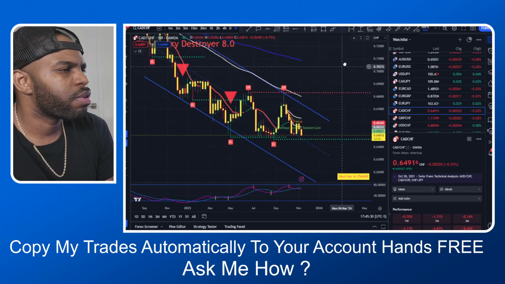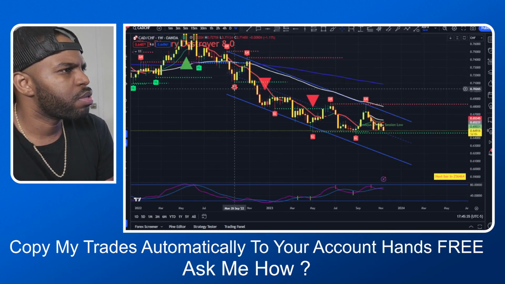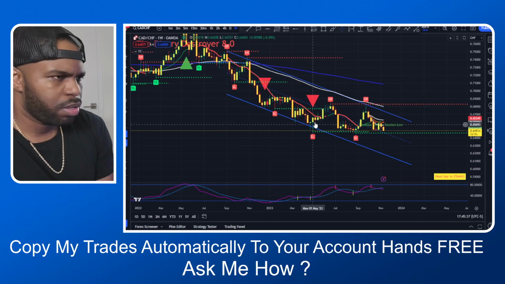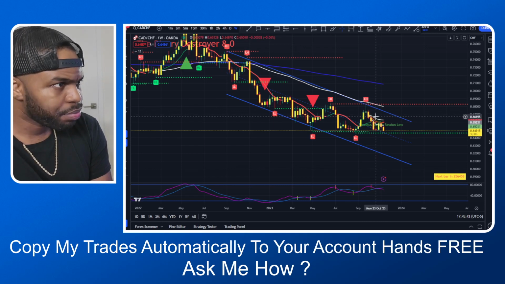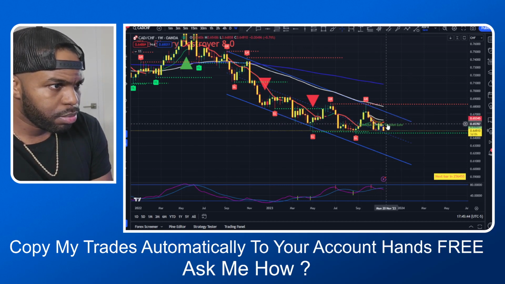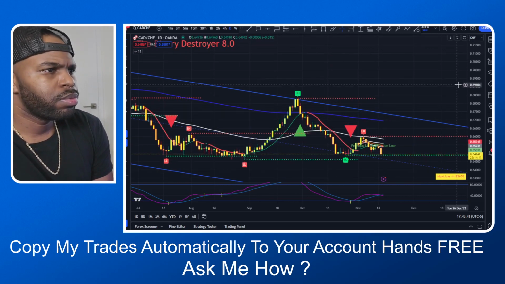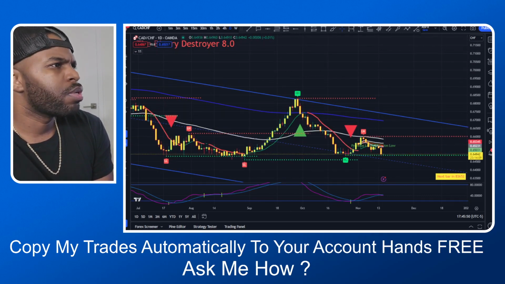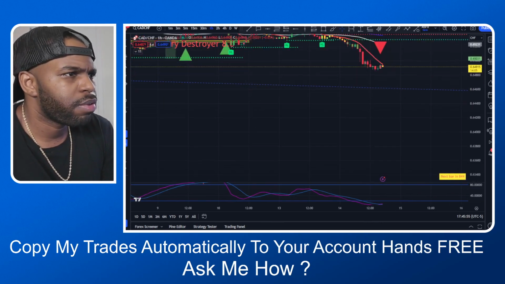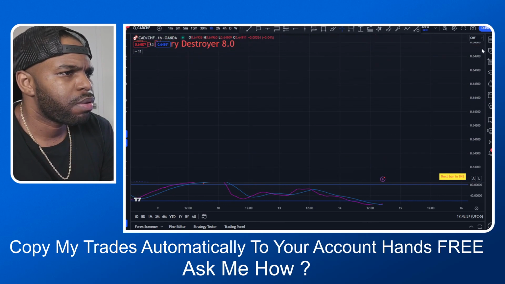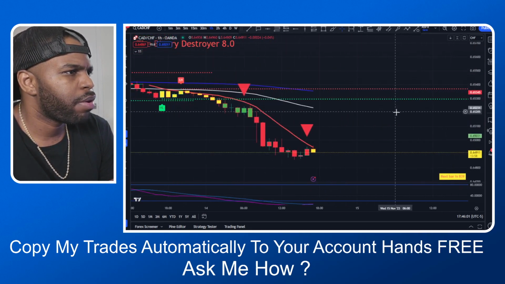CAD CHF. So CAD CHF is still bearish. Lower low, lower high, lower low, lower high, lower low, lower high. Yeah, we're definitely creating some bearish movements on CAD CHF, we're definitely bearish at the moment.